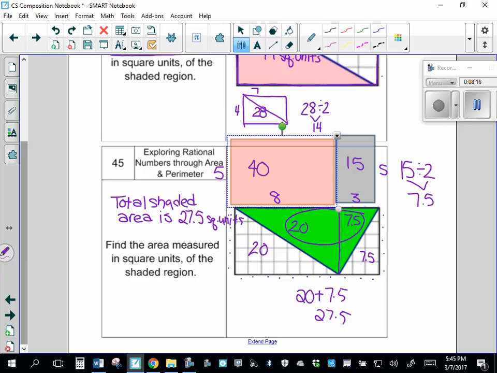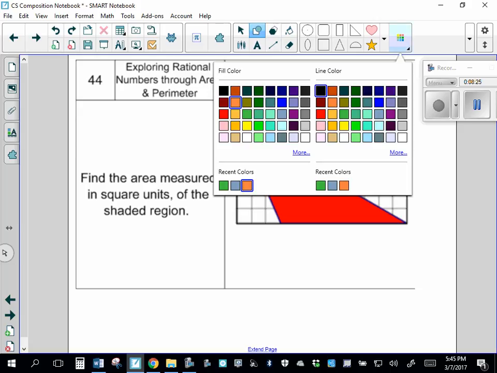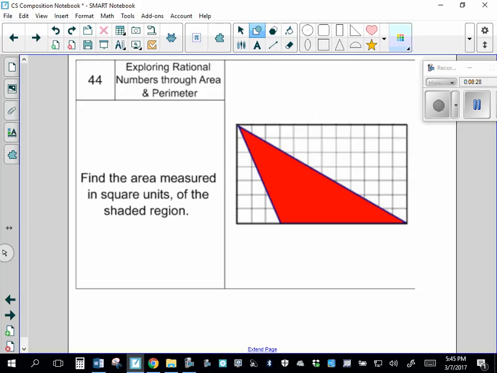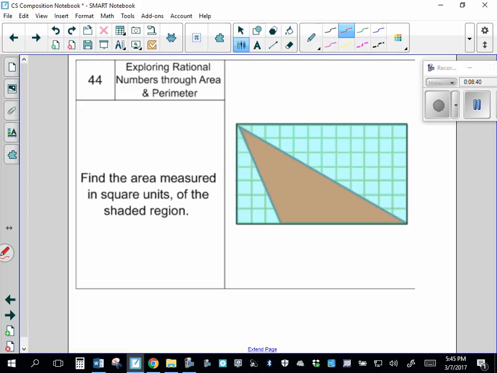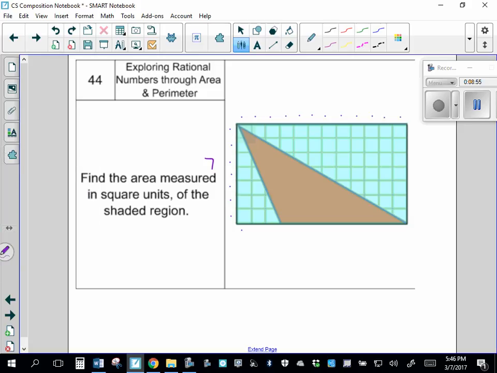And then the last problem we did was more challenging. So let's see if I can help you visualize this one. So if I take a big rectangle, just looking at this whole rectangle we did together in class, it is 1, 2, 3, 4, 5, 6, 7 by 1, 2, 3, 4, 5, 6, 7, 8, 9, 10, 11, 12. And 7 times 12 is 84.